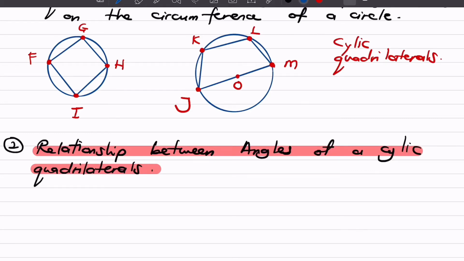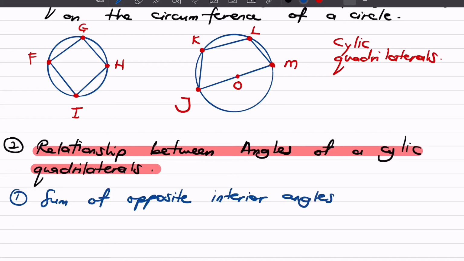The first thing, the sum of opposite interior angles in a cyclic quadrilateral is 180 degrees.